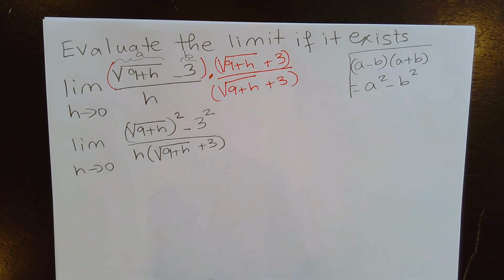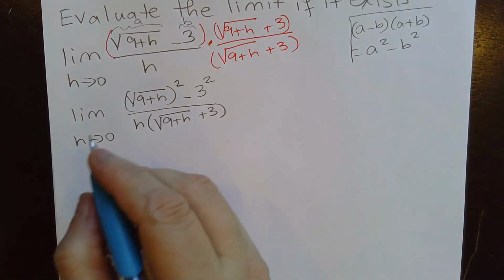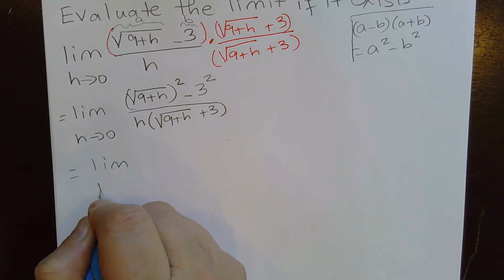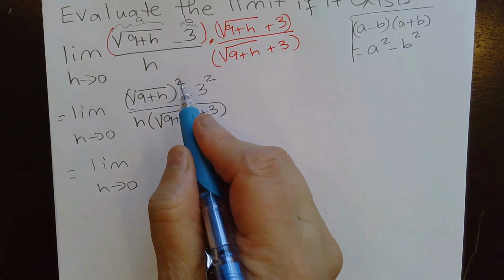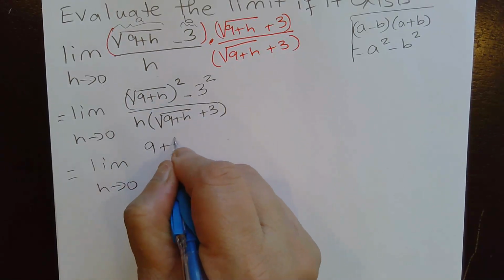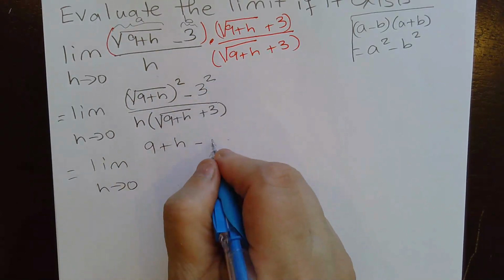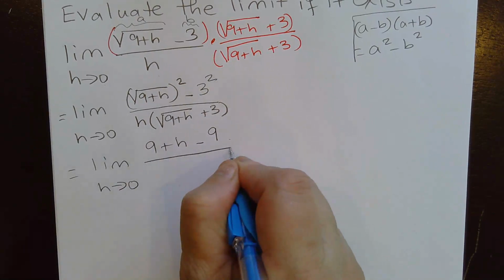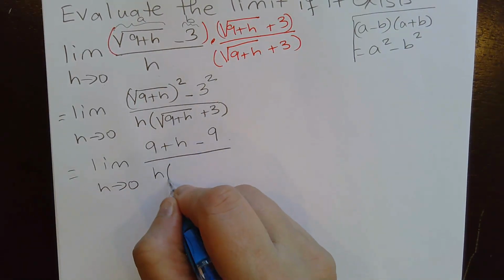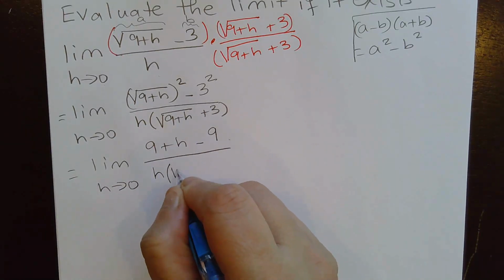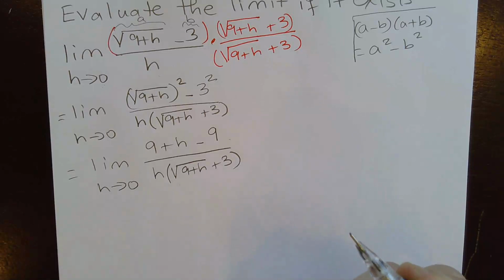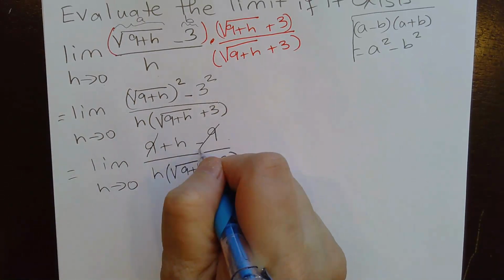This would be equal to the limit as h approaches 0. The square cancels the square root. The radicand comes out as 9 plus h minus 3 squared, which is 9, divided by, I'm not going to distribute the h, I'm going to leave it like this, h times square root of 9 plus h plus 3. The 9 and negative 9 cancel out here.